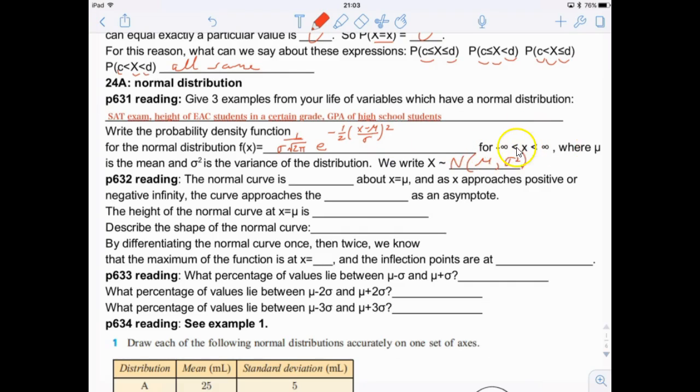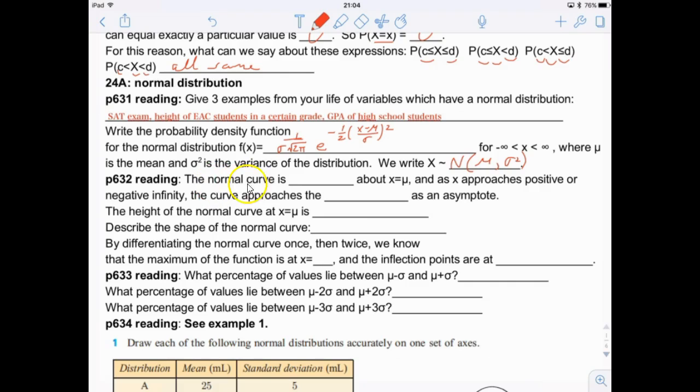This is valid for the random variable x taking on values between negative infinity and infinity. That sounds kind of crazy, but we'll see what that means. Where mu is the mean and sigma squared is the variance of the distribution. We write random variable x is distributed as the normal distribution with a mean of mu and a variance of sigma squared. The variance is the standard deviation squared.